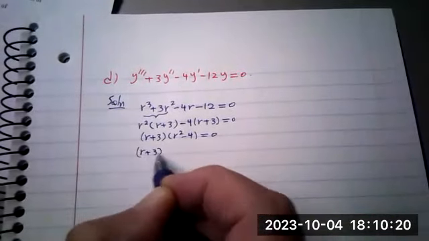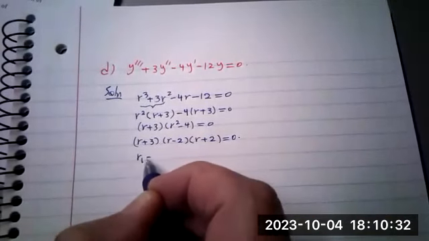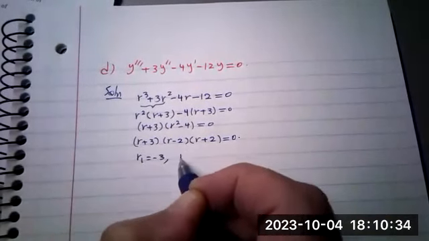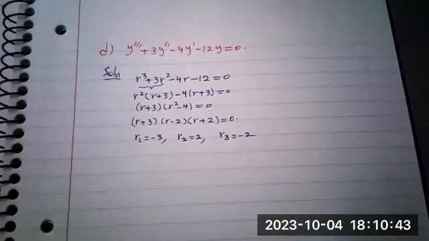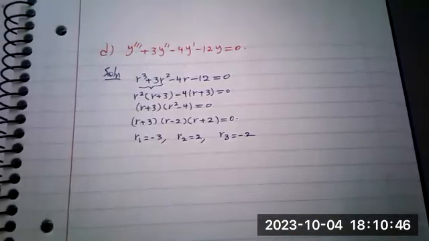3 distinct factors. Okay, so you may call them R1 equal to negative 3, R2 equal to 2, R3 equal to negative 2. The same thing. Each R would give e to the Rx. Any question? Okay.